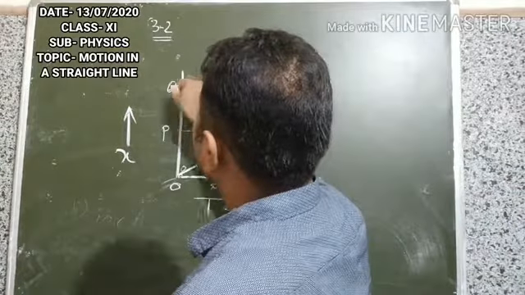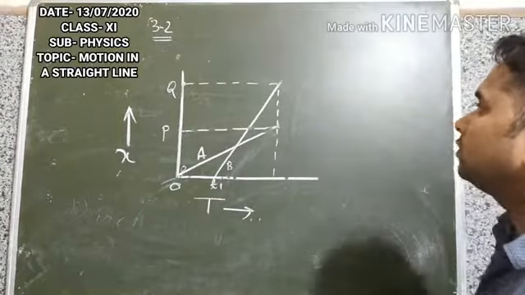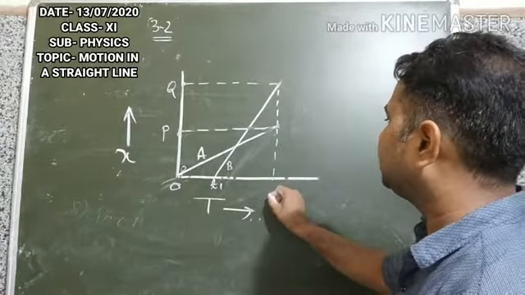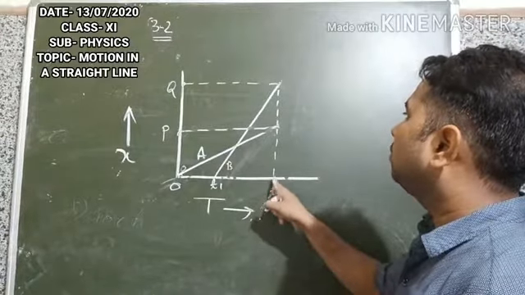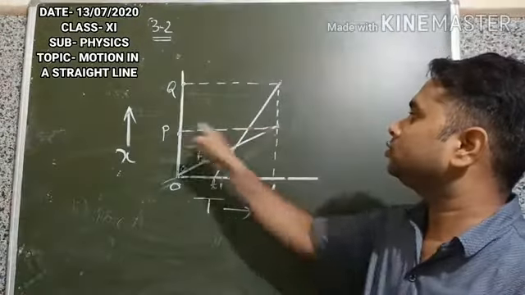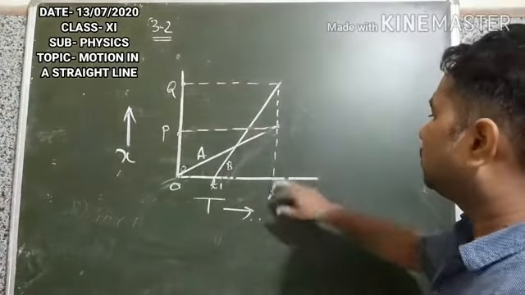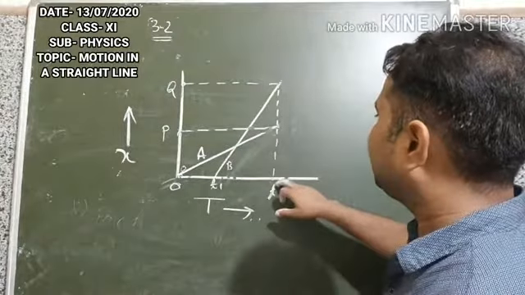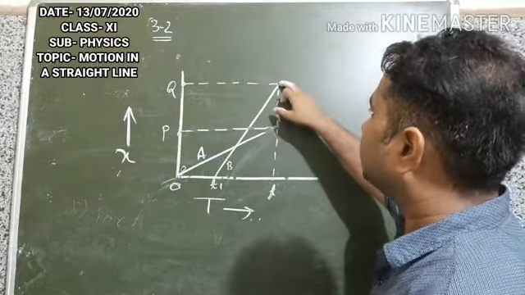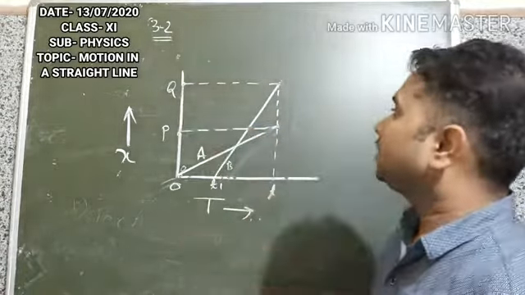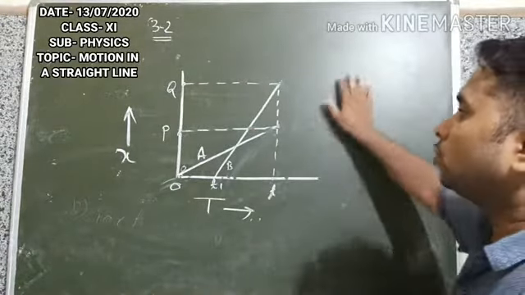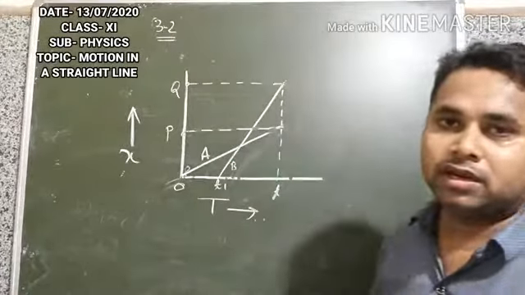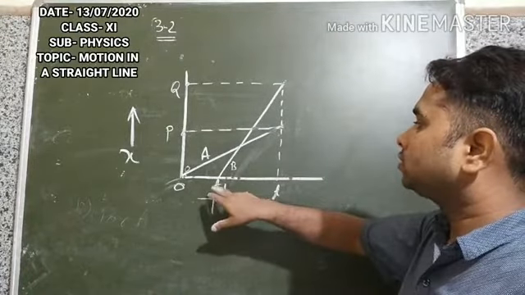Suppose this is the position of house of the B. P is the position of the house of the A, and suppose T is the time here at which both are reaching to their homes. देखो इस पर्टिकुलर टाइम T पर A भी पहुंच गया P पर, इसी सेम पर्टिकुलर टाइम पर B also reaches to his home. It means दोनों पहुंचते हैं एक साथ T टाइम पर ही. A भी पहुंच रहा है, B भी पहुंच रहा है, but who starts first? A.